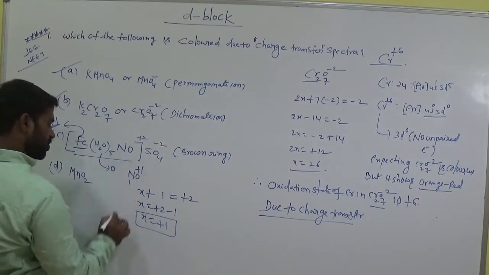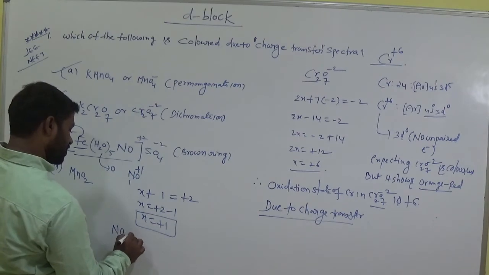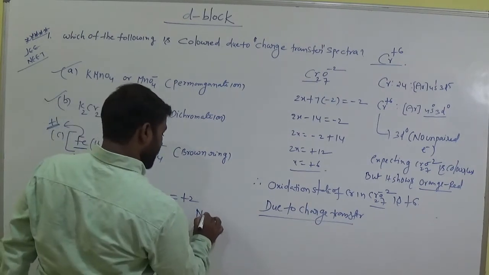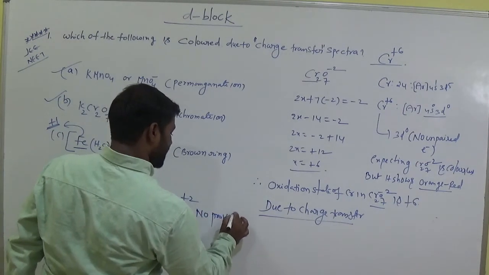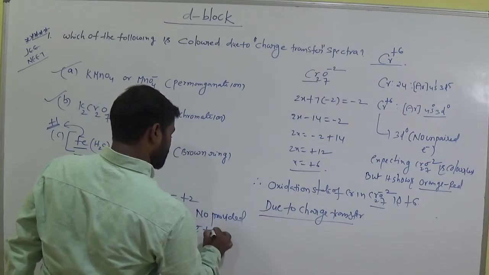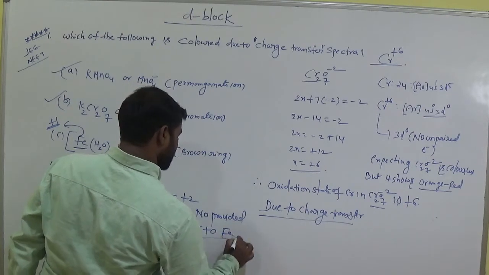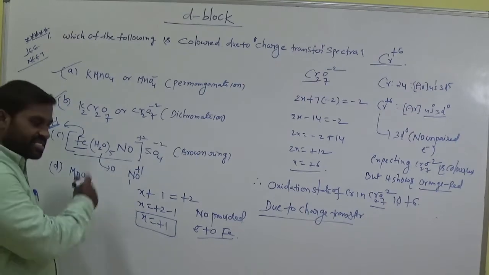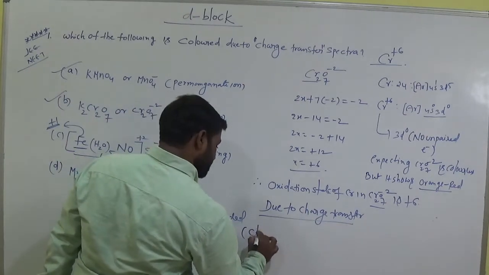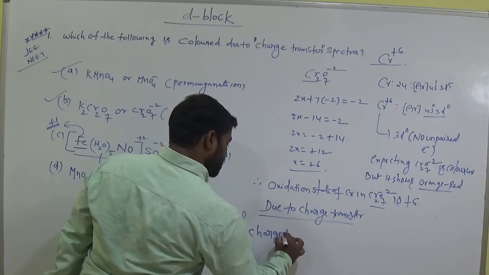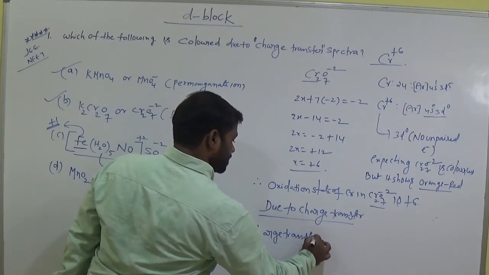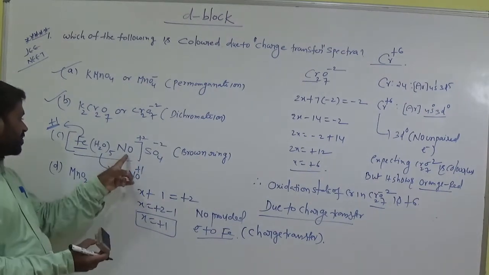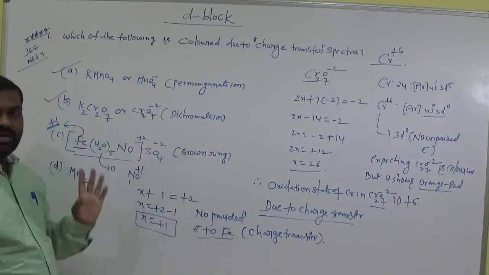Here NO provides an electron to iron. Electron providing means charge transfer. That means charge transfer takes place, like in MnO4 minus.